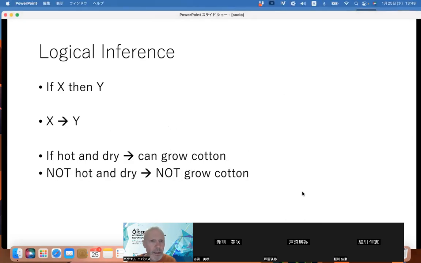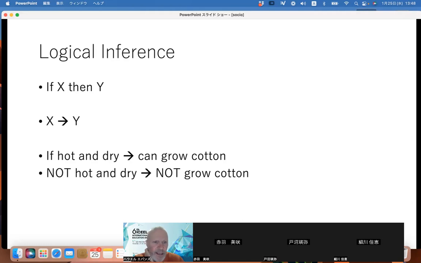Okay, so anyway, we've got logical inference. This is the symbolic tool that we use, and the basic idea is that if X, then Y. It's kind of a simple thing, and we just grow up with this in school. This is how they teach us.